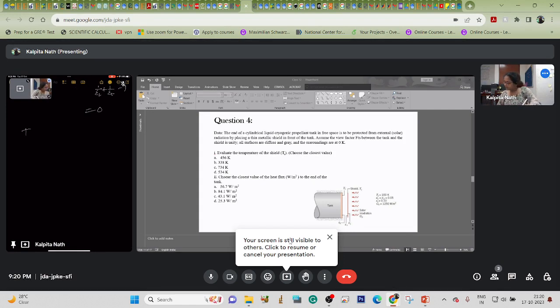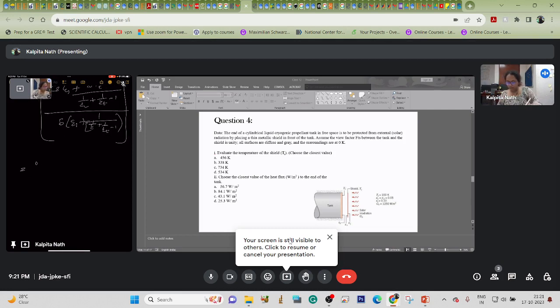Now if we solve for Ts, it will be Ts equal to [alpha_S G_S plus sigma Tt to the power 4 upon (1 upon epsilon S plus 1 upon epsilon T minus 1)] upon [sigma (epsilon 1 plus 1 upon (1 upon epsilon S plus 1 upon epsilon T minus 1))], the whole to the power 1 by 4.